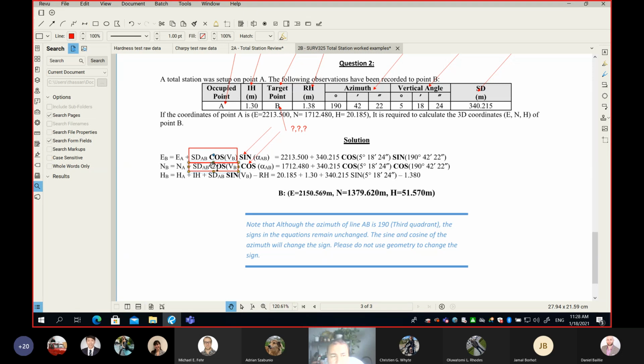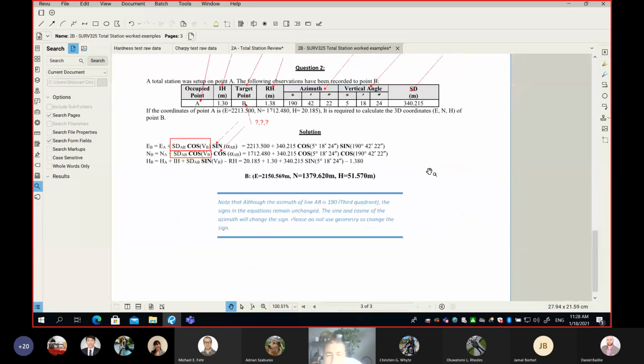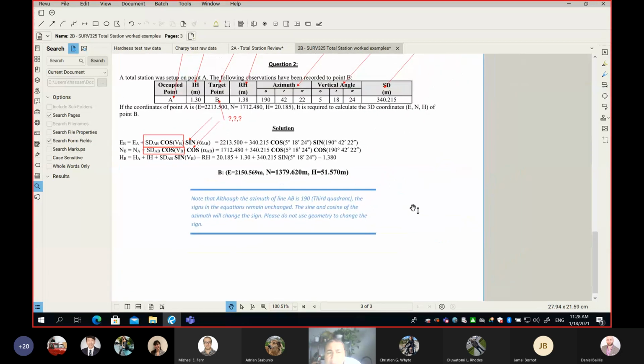So this term, SD cosine vertical angle, stays the same, while between equation 1 and 2, please change the sine to the cosine. And then you will get the easting, northing, and elevation. I want to warn you, because I have seen this over the years, and no matter how many times I say it, I still find 1 or 2 will fall into this trap.